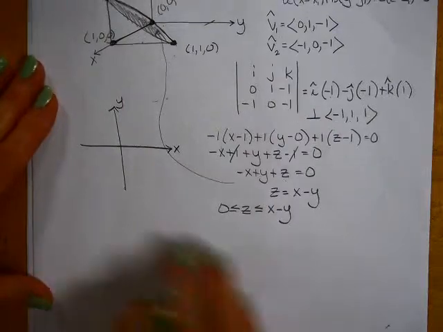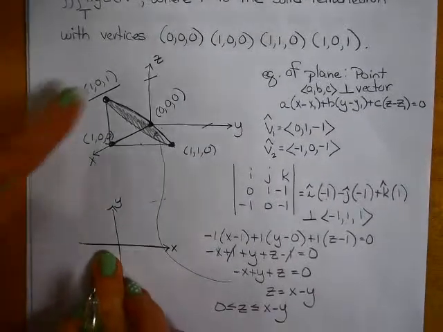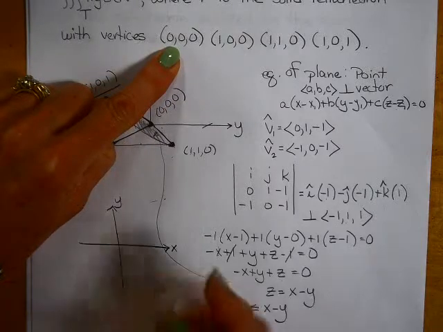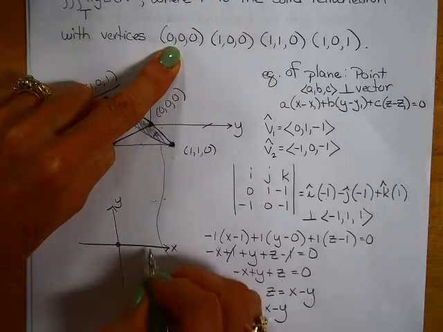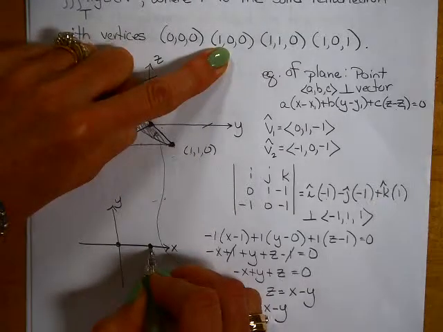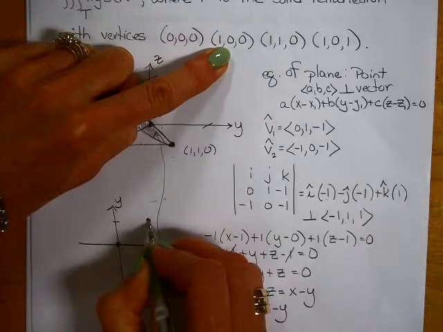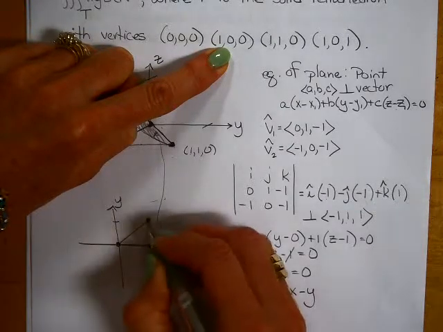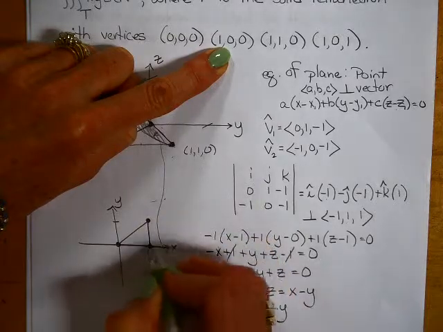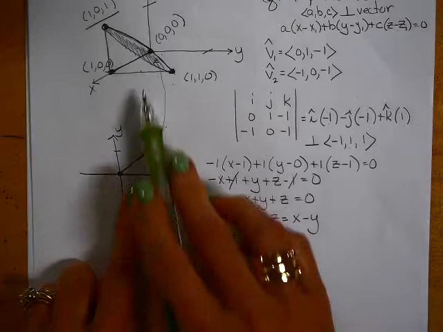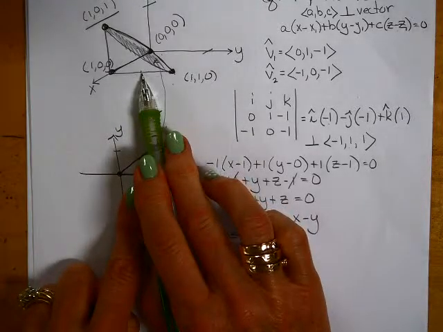All I have to do is go back up here and plot only the xy points: 0, 0, the point 1, 0, the point 1, 1, and then the point 1, 0 I've already got on there. So this is the triangle that is represented down here in this space.